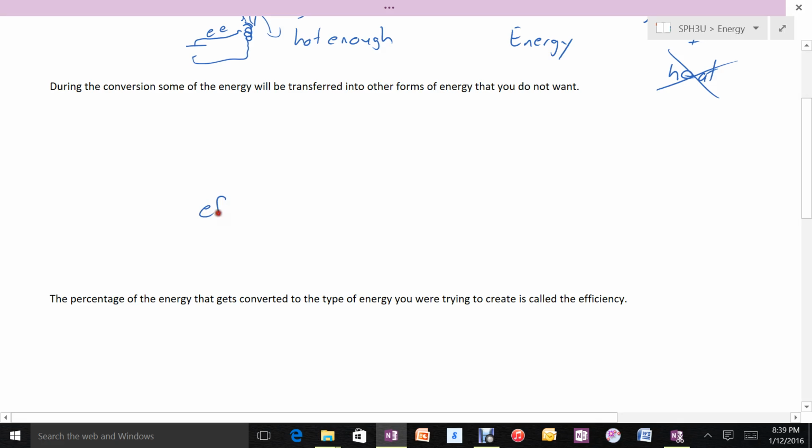So the efficiency is the ratio of the useful energy in comparison to how much input energy was required.